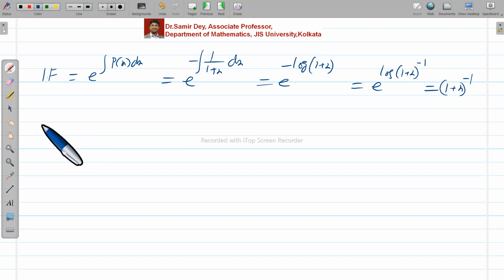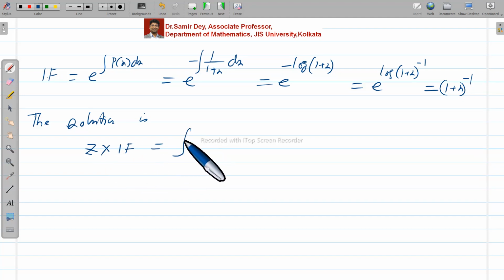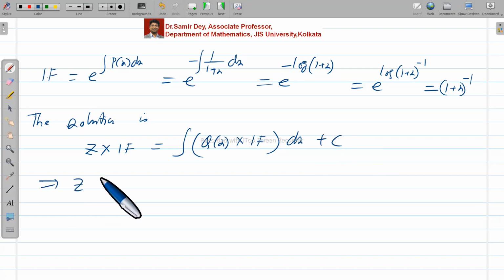Now you already know the formula for the solution. The solution is z into integrating factor is equal to integral of Q(x) into integrating factor dx plus c. So here z, and the integrating factor is 1 by 1 plus x.